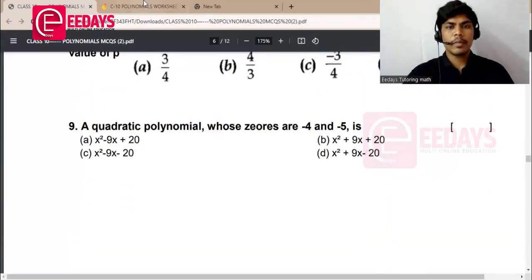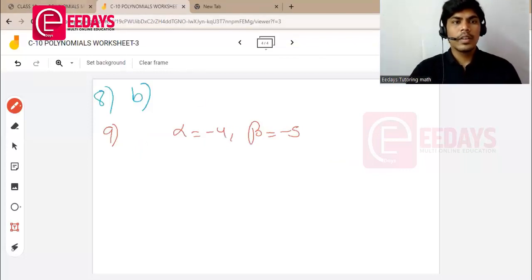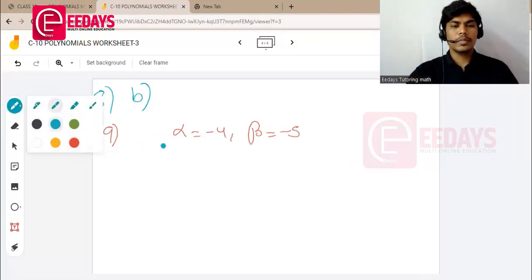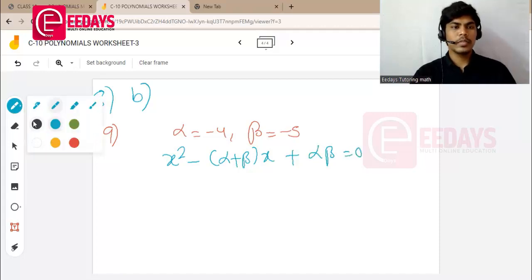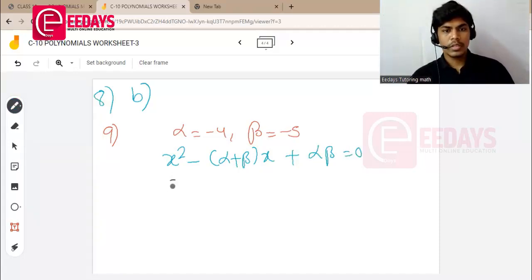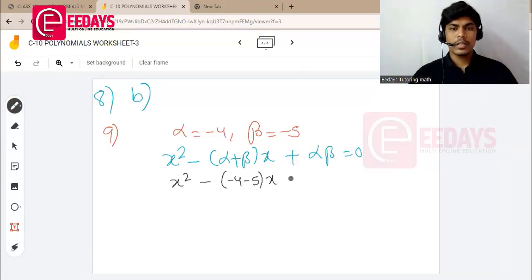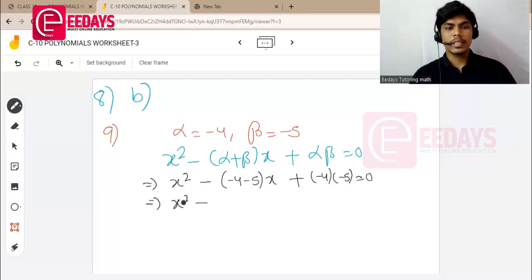Okay, ninth one. Alpha they gave minus 4 and beta minus 5. Anyone got the answer? You have to substitute in the quadratic formula: x square minus (alpha plus beta) into x plus alpha beta is equal to 0. So let us substitute: x square minus (minus 4 minus 5) into x plus (minus 4) into (minus 5) is equal to 0. Minus 4 minus 5 is nothing but minus 9.